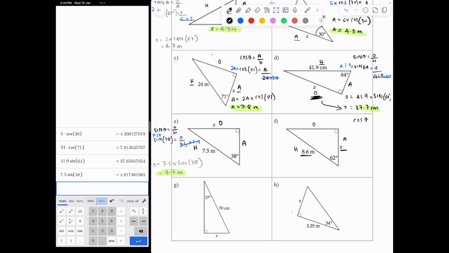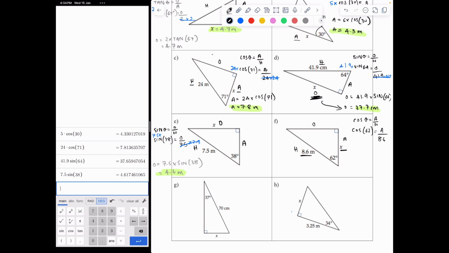Cos theta equals A over H. Substitute everything in. The angle that we're dealing with is 62 equals A, which is unknown, over H, 8.6.